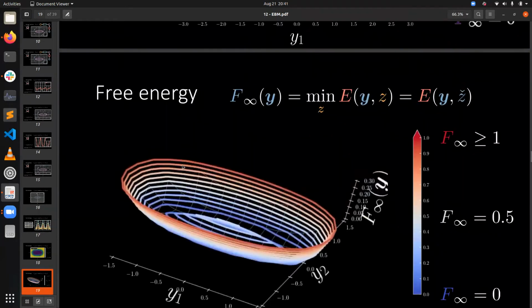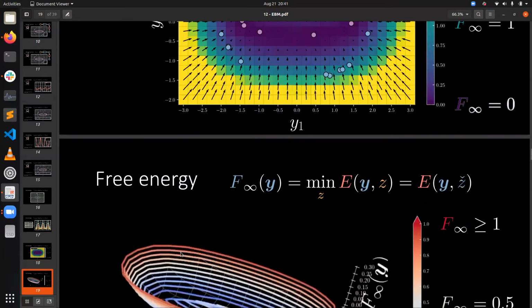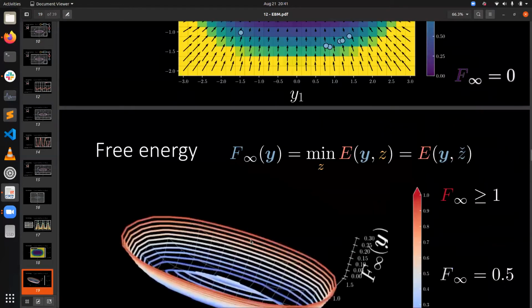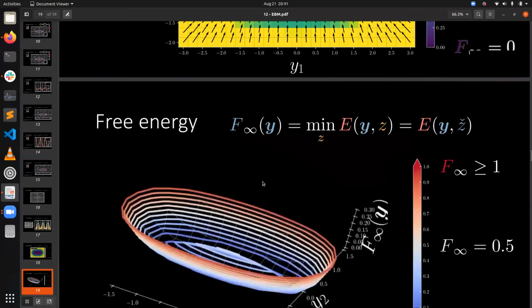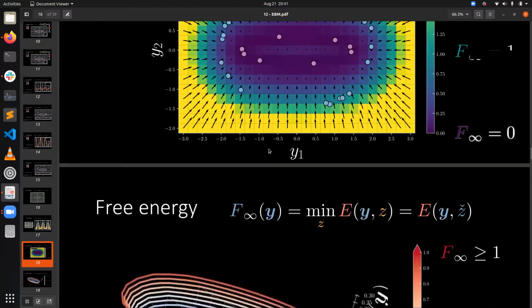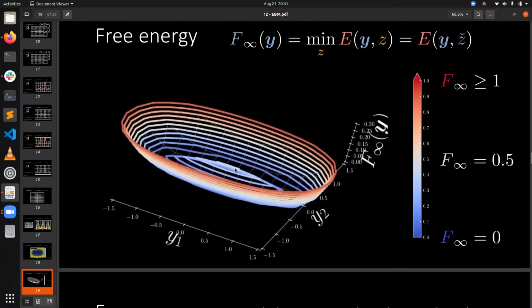The shape actually looks something like a bathtub shape with an upward dent in the middle. This is the contour diagram of it. Since you have this region of high free energy in the middle region, that's what gives this dent in the middle.